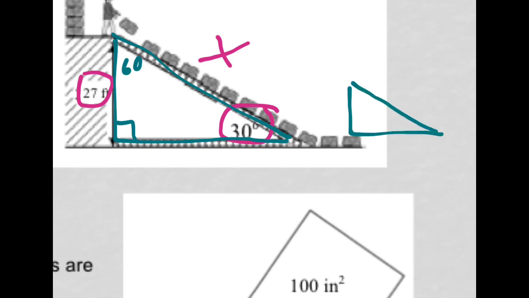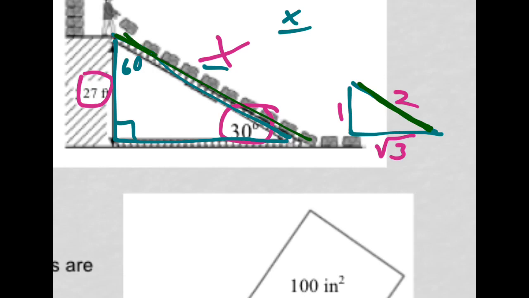And my known triangle has measurements of 1, root 3, and 2. I always start with my x. So I'm going to say x over, and the corresponding part of that triangle is this guy right here.